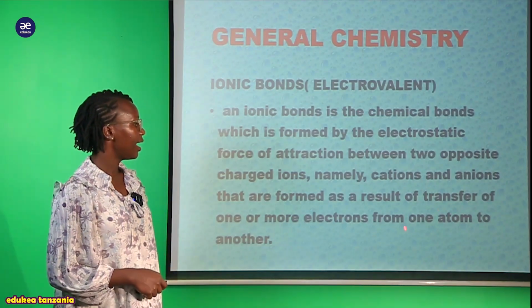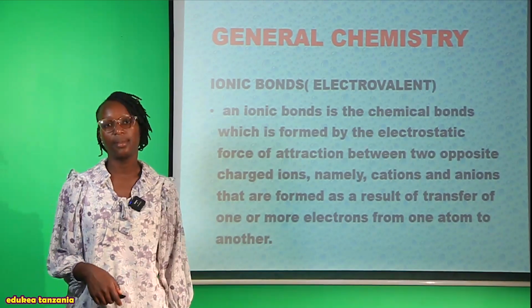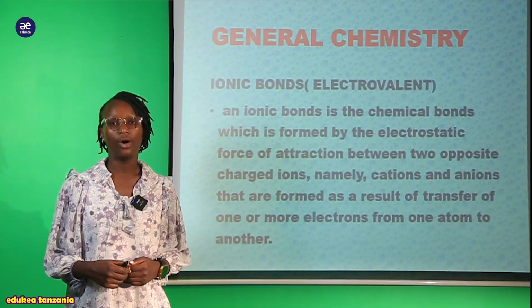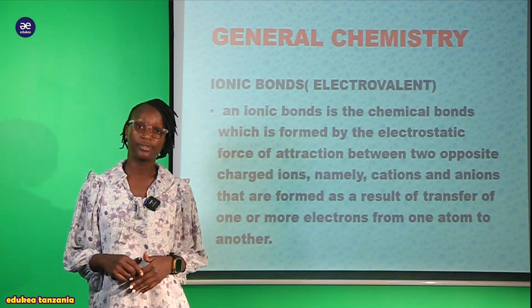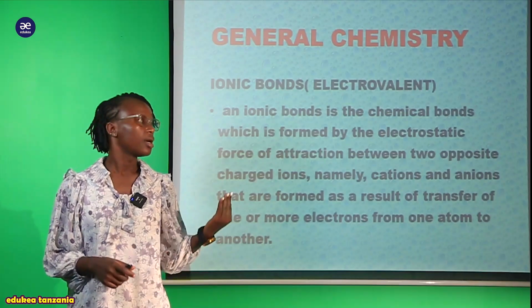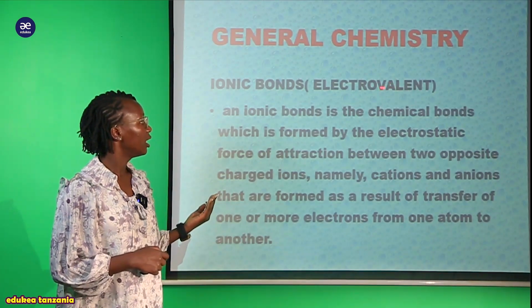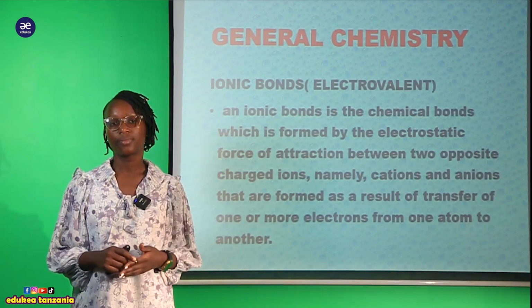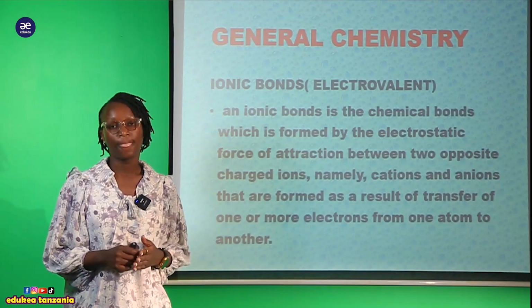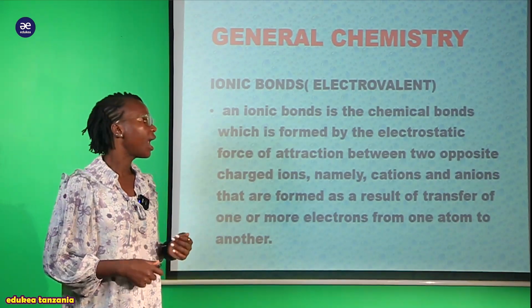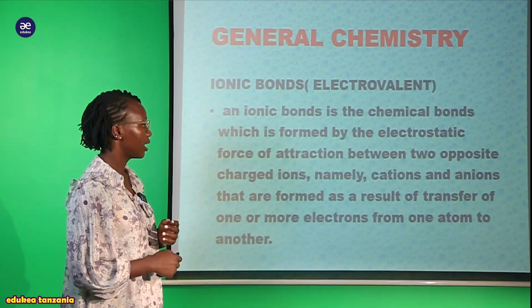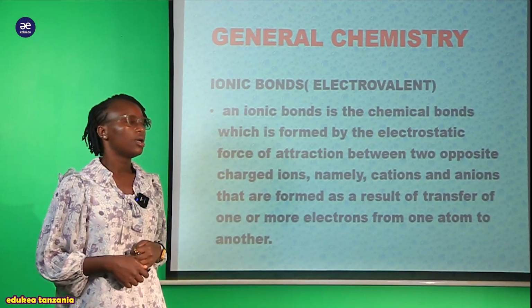So here is how the ionic or electrovalent bond can be defined. When you are asked what is the electrovalent bond, what is the ionic bond, this is how you can state or define it.